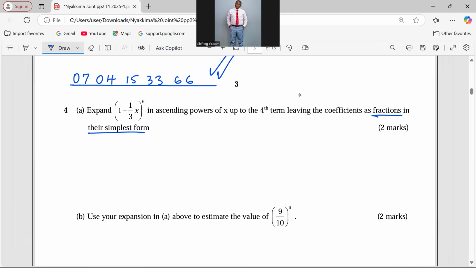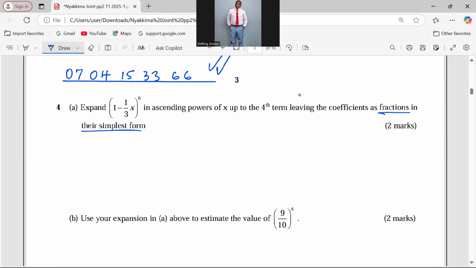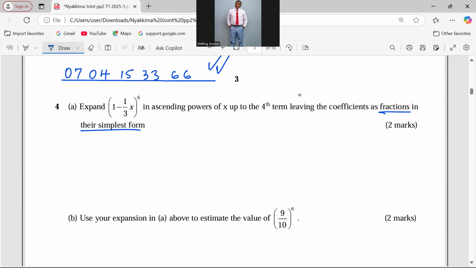Look at this now. For us to expand, I would advise let learners begin by stating the Pascal's coefficients of the given power. For instance, here we go to power 6. So when you go to the mathematical 4-figure tables, you will find the coefficients of power 6 listed clearly from the first coefficient to the 7th coefficient.